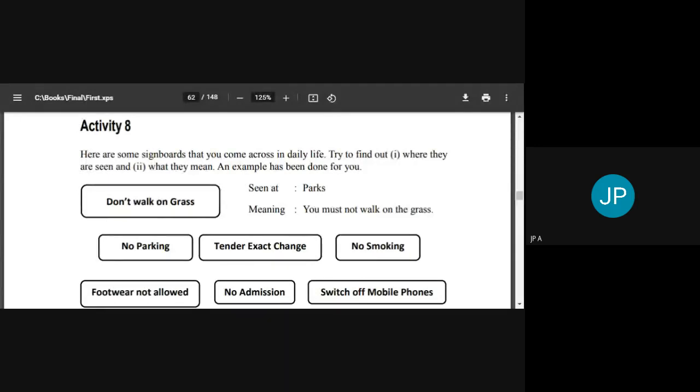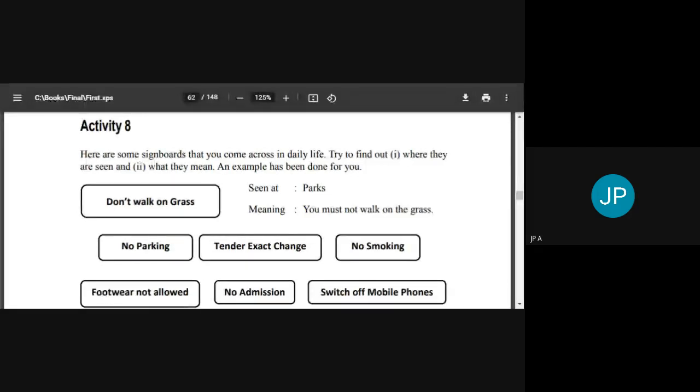The meaning of tender is to give. Tender means give. So, what is the meaning of this signboard? Very good.